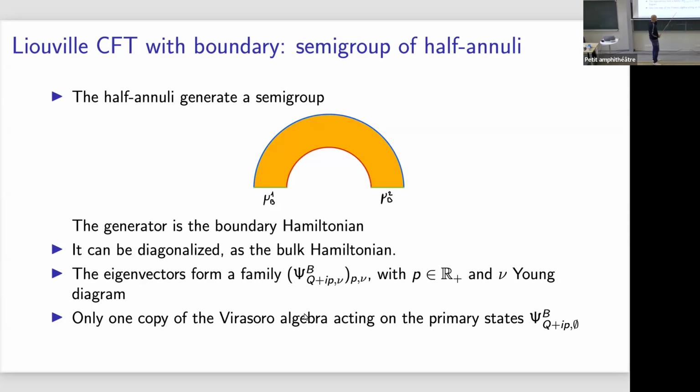and you can implement more or less the same strategy as we did before, but the Hamiltonian is different. Furthermore, it has several parameters, because here you have a value for the cosmological constant on these two parts of the boundary. So the Hamiltonian is way more complicated than the bulk if you want to perform the analysis. And actually, we are stuck.